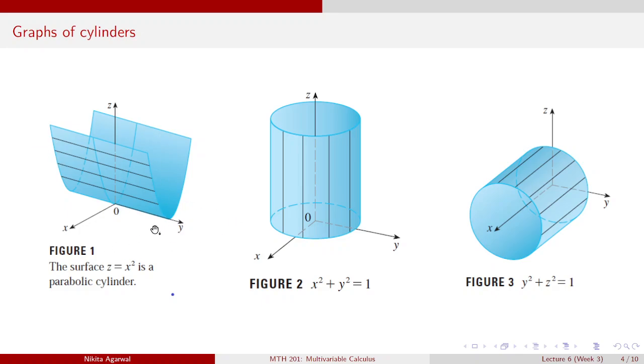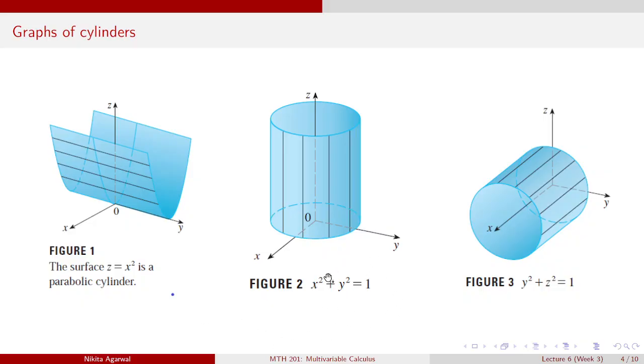This was very easy. Cylinders are very easy to plot because you don't see the third variable. You take that third variable, put it equal to 0, plot the curve, and then extend the curve in both directions of that missing variable. That's what we did here.